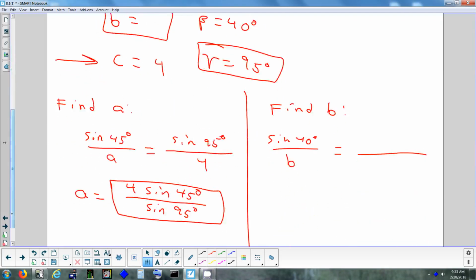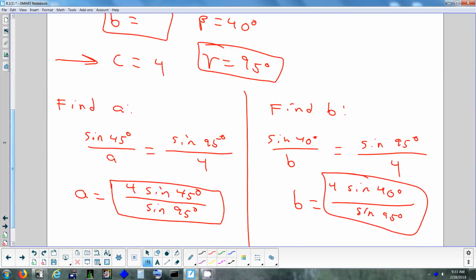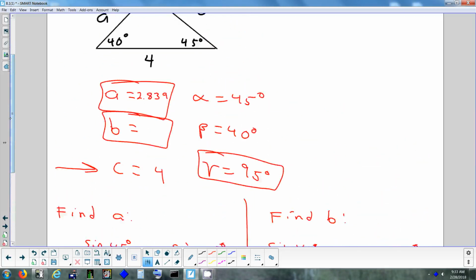So sine 95 over 4. Okay, so cross multiply, you're going to get 4 sine 40 equals B sine 95, and then you're going to divide by sine 95. And we need the decimal for that. Does anyone have that as a decimal? Yeah? 2.581.